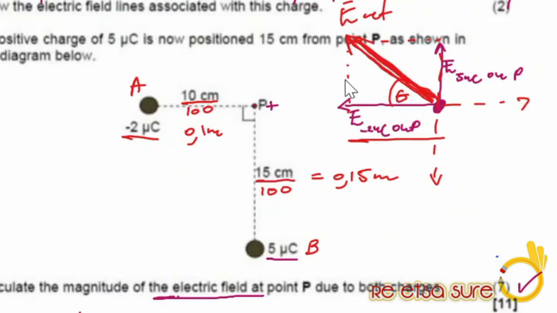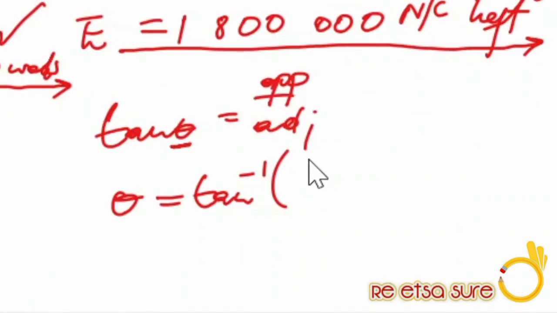The opposite side is this one, and I told you that the magnitude of this side is still the same as this one. The value for that one is 2 million.